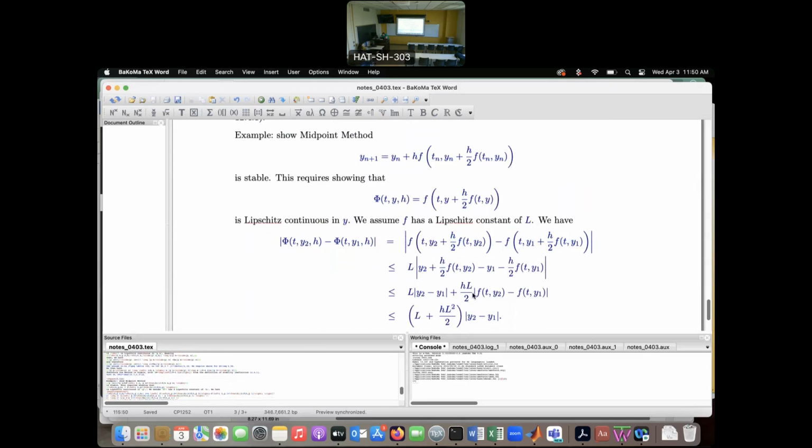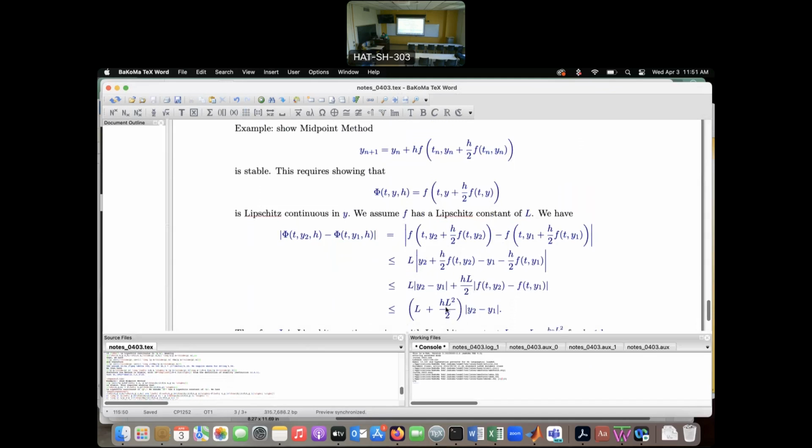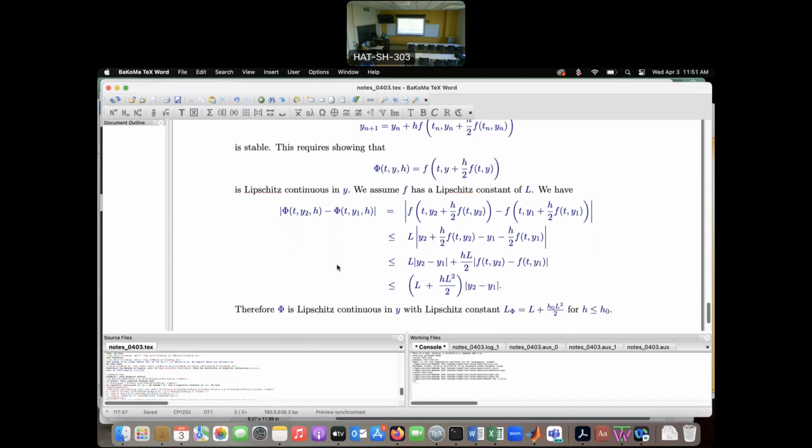But then I use the Lipschitz continuity of f again, so then I have an additional factor of L, so L squared. So now this expression in large parentheses is the Lipschitz constant for phi. I use L sub phi as the Lipschitz constant for phi to avoid confusion with the plain L, which is the Lipschitz constant for f.